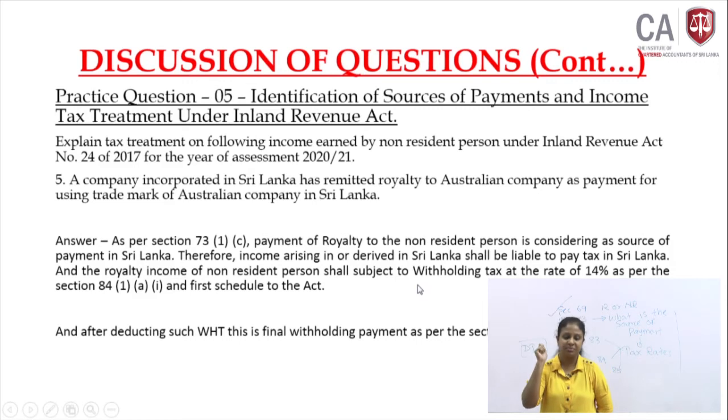That means I have attached the section 4 assessable income with reference to a non-resident person. And the royalty income of the non-resident person shall be subject to withholding tax. What's the rate? 14% as per section 84 subparagraph 1A Roman 1 and first schedule paragraph 10 of the Act.